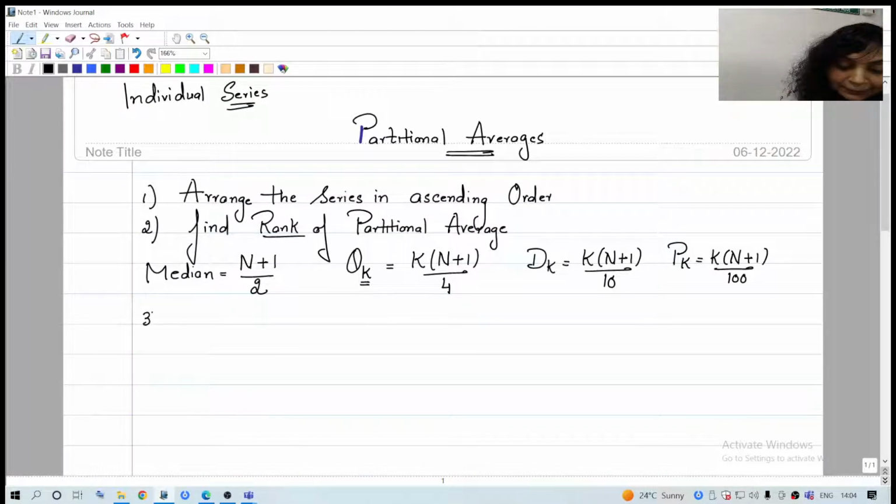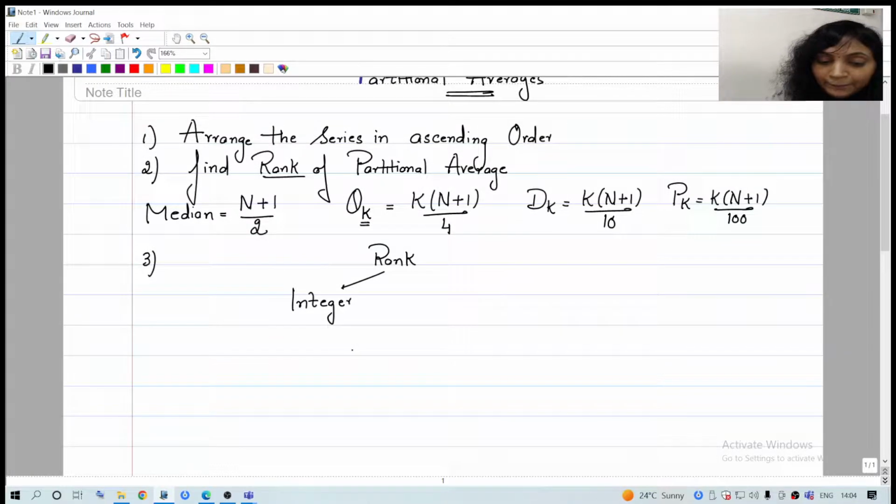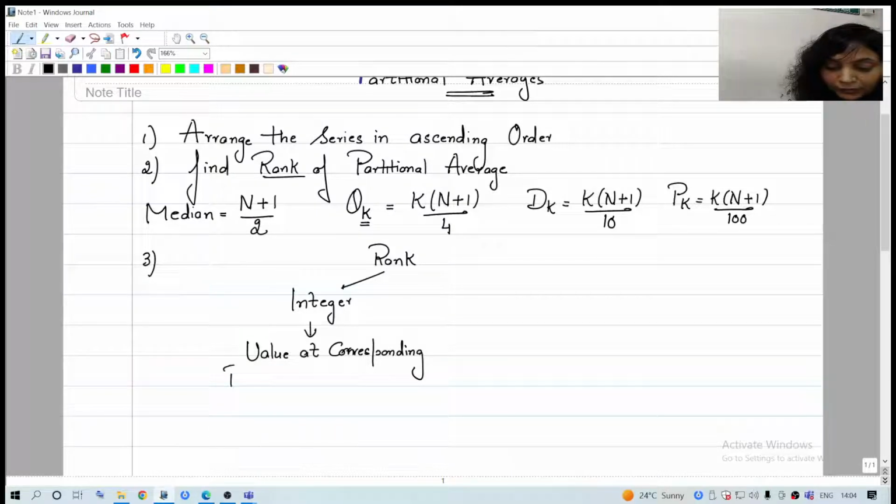Next step is, if rank is an integer, then the value at the corresponding position is the partitional average.